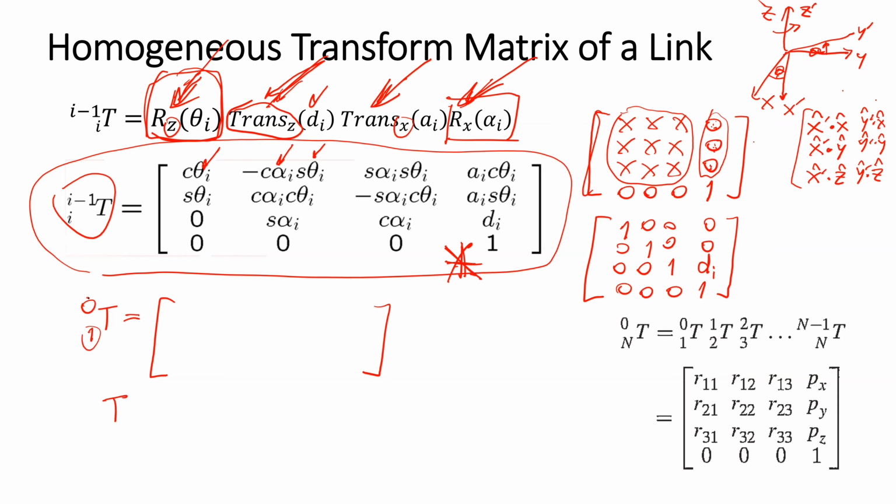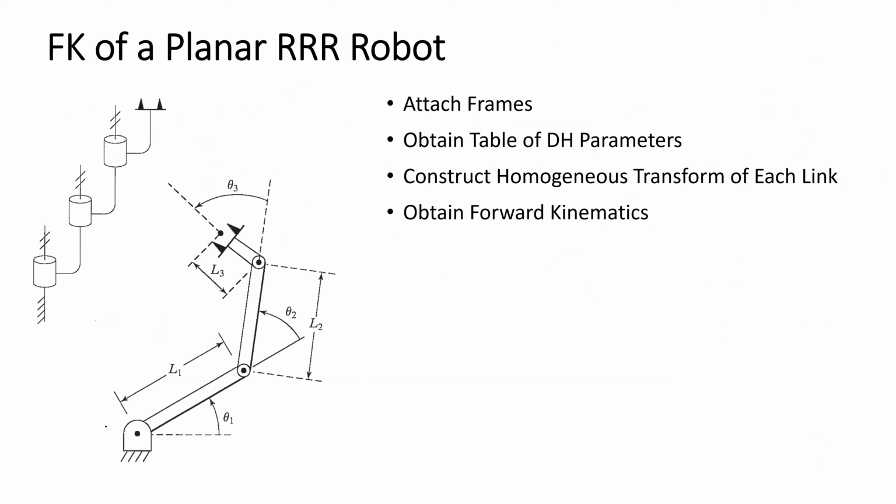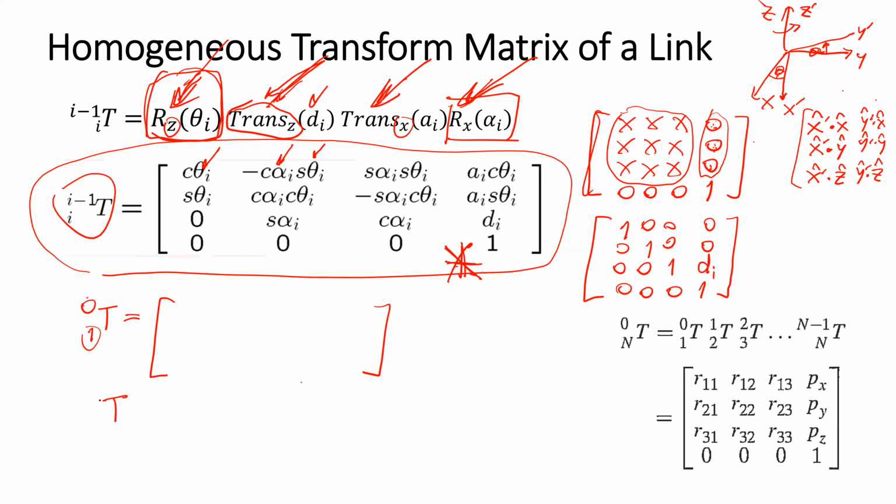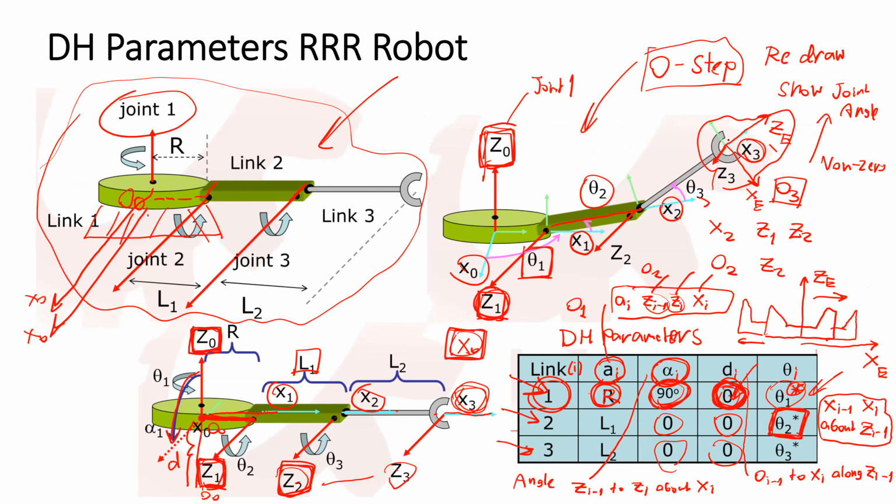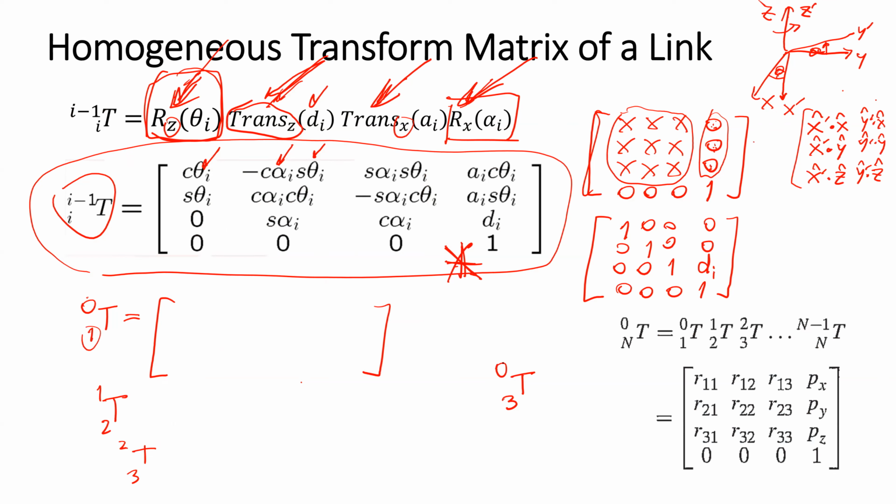P1 refers to 0, 2 with respect to 1, and 3 with respect to 2. And if you want to obtain the forward kinematics, you should be able to relate the final link, or the origin of the final frame, the origin here, with respect to the frame 0. So the idea is, yes, you need to find the product of the matrices from the first matrix to the final matrix.